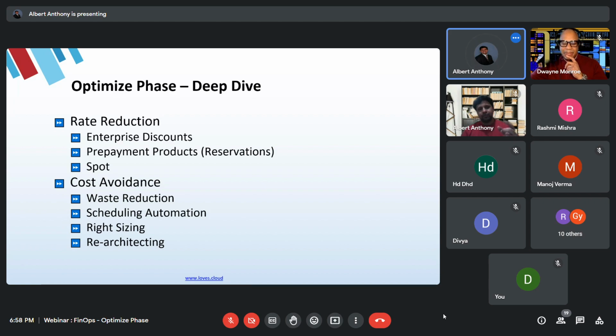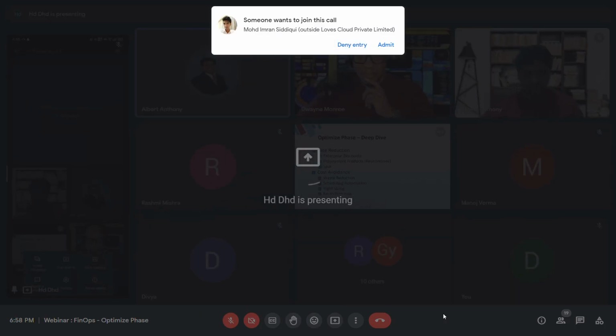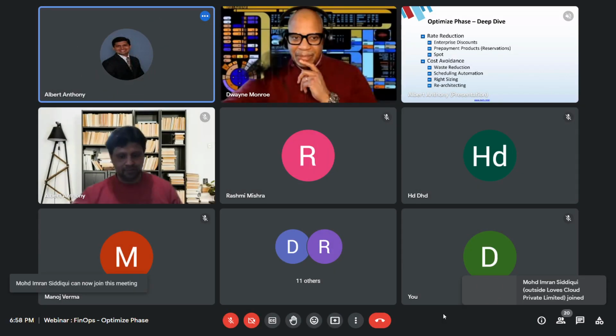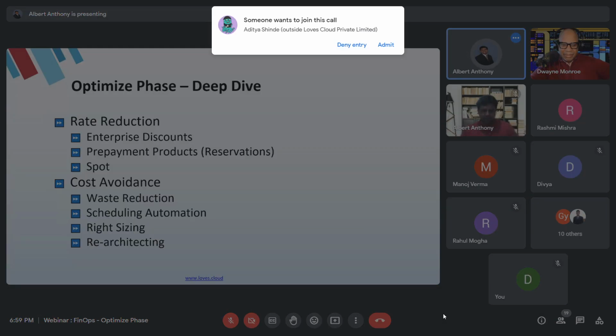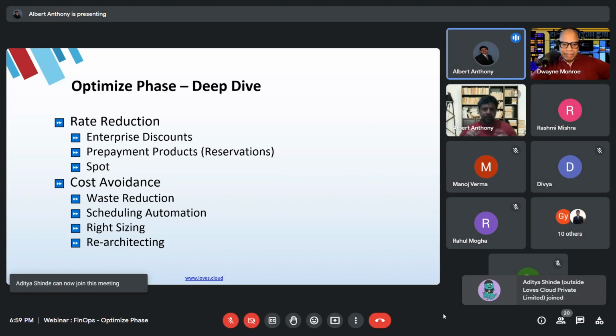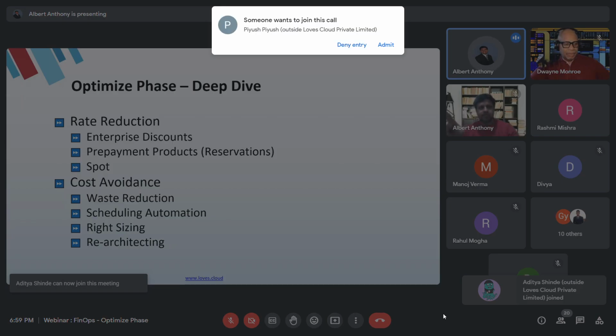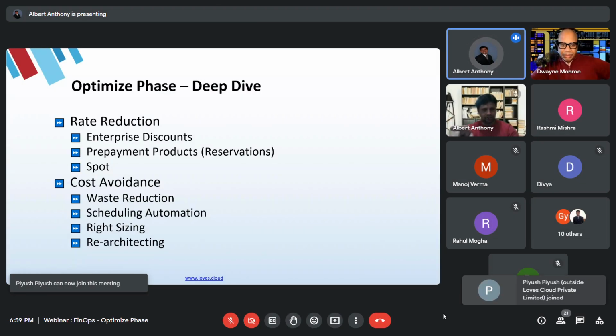But at least you find out where you are spending money. So this is a virtual machine, and this machine is costing me $1,000 a month. I think Azure cost management is our first step, Dwayne, where we at least find out where our money is being spent, and then that's where we could perhaps relate it to the waste reduction stuff.